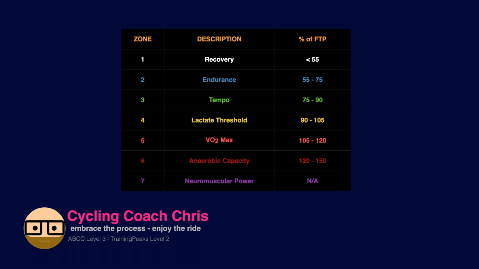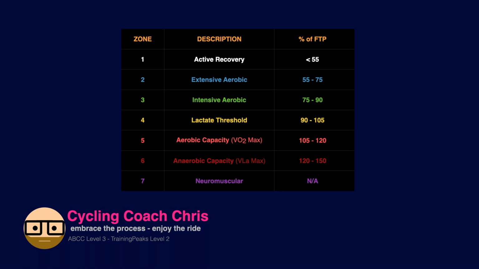Now, not that it actually matters what you call each zone, but I do like the titles that High North Coaching have given to each of the 7 Coggan training zones. And here they are. So you have Zone 1, active recovery. Zone 2, extensive aerobic. Zone 3, intensive aerobic. I do like that little differentiation between those 2 zones there.